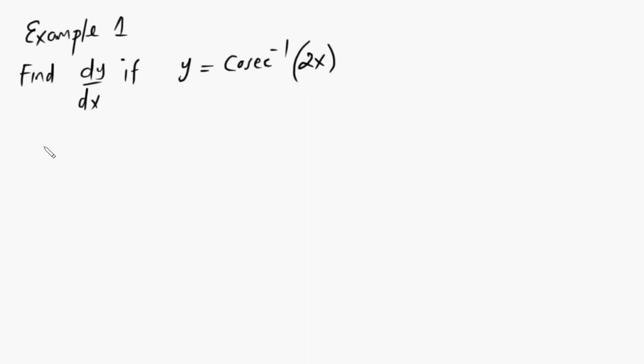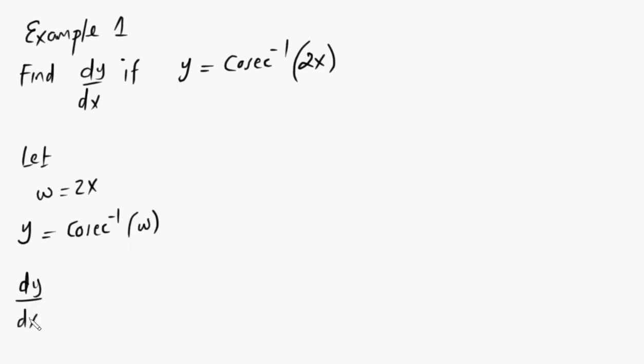So I'm going to use a chain rule. I'm just going to let w equals 2x. This means that y equals cosec inverse of w. So I'm going to get dy dx from the chain rule. It's just going to be dy dw times dw dx.